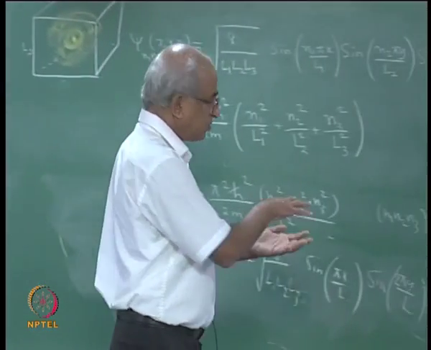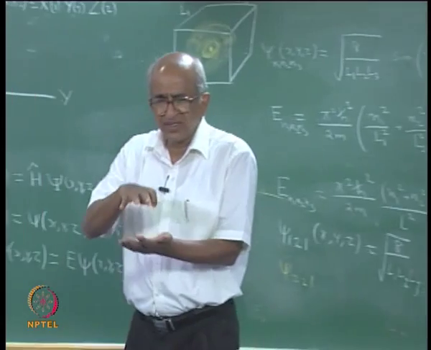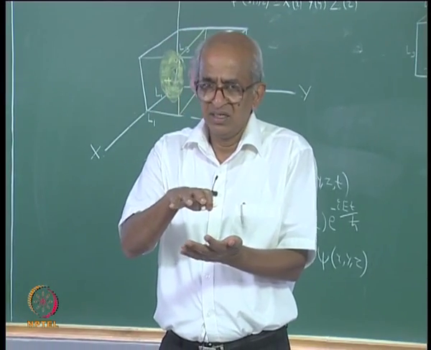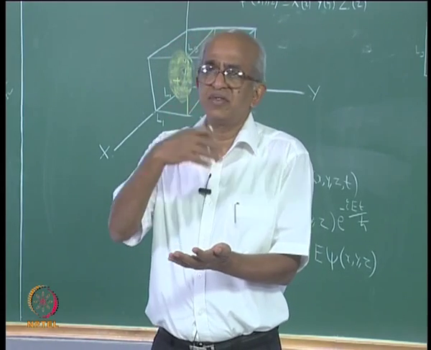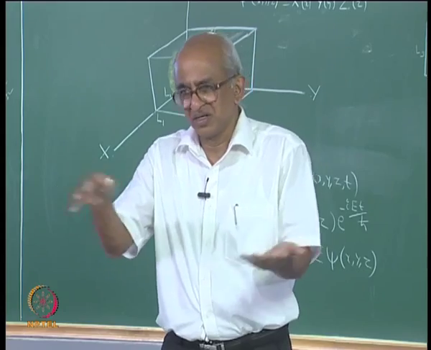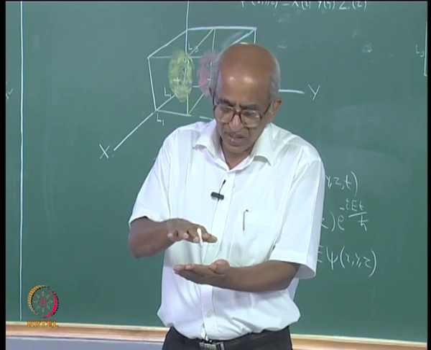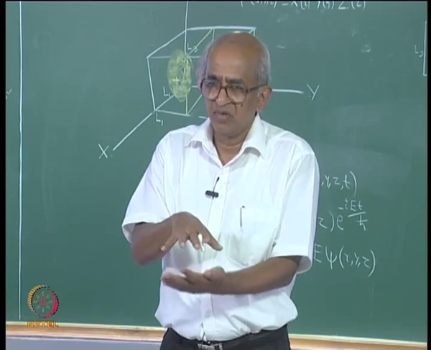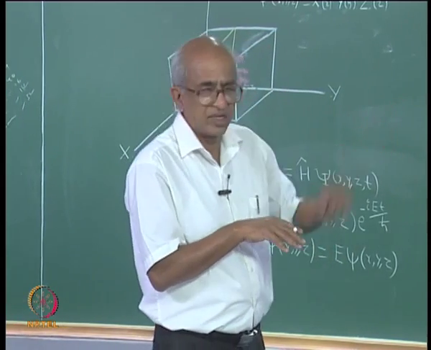See, here I have assumed that the box is completely symmetric, all the three sides are equal. So, if you are familiar with symmetry, you will say that it has octahedral symmetry or cubic. But suppose I now say, I am going to distort this. Look at the figure.